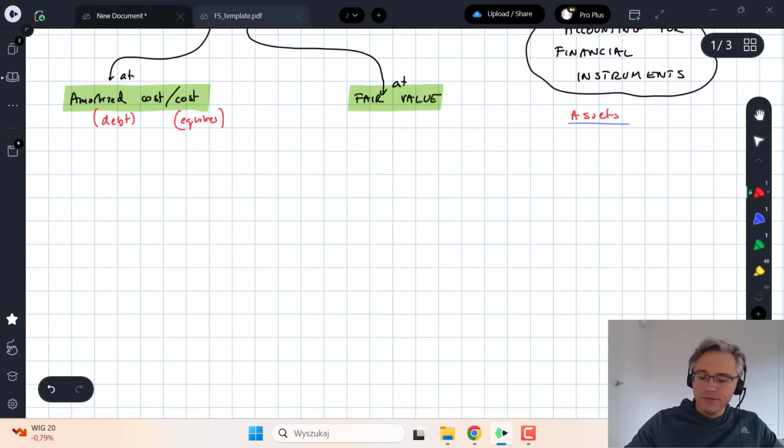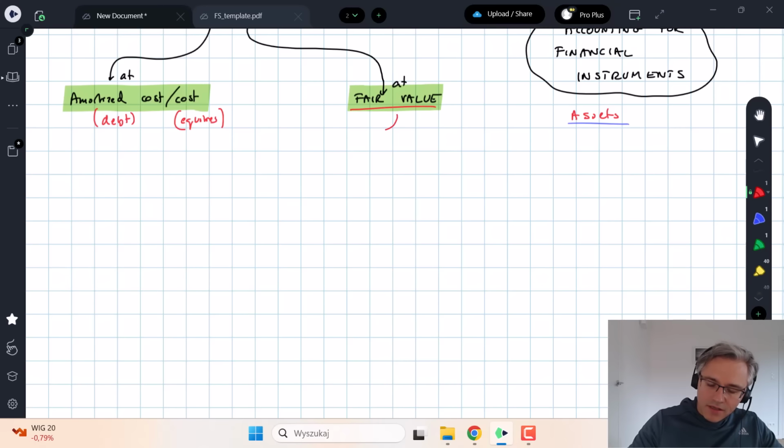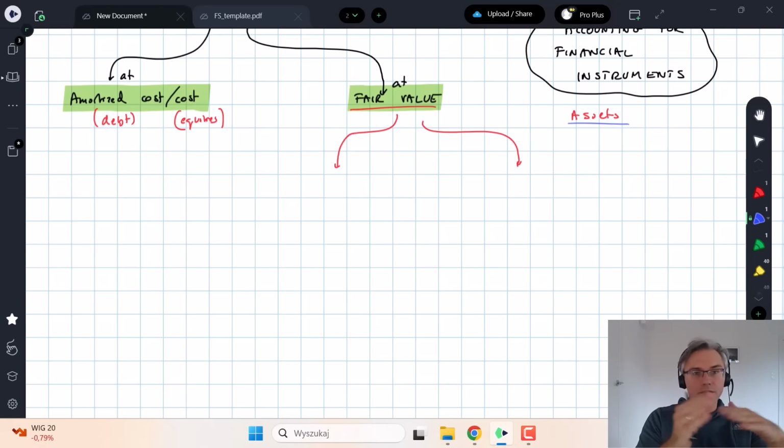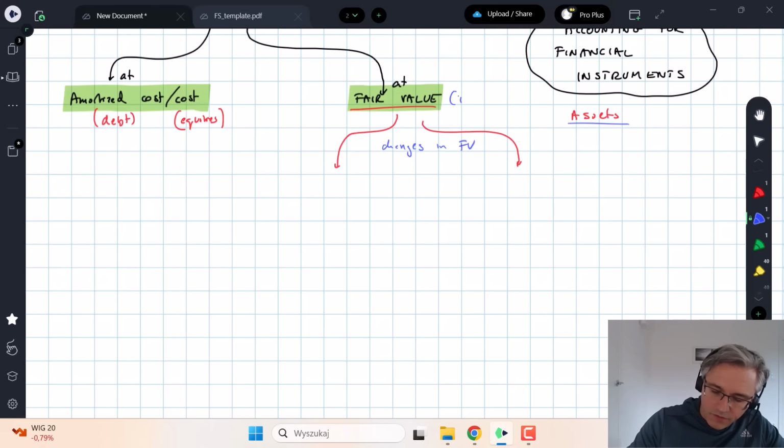Now, this approach has two more specific strands, because ultimately, when you measure something at fair value, that fair value is subject to fluctuations. You have two options with regard to where you will show changes in that fair value. Changes in either V, so fair value, I'm going to abbreviate often to a V, are where they are shown or where they go through.